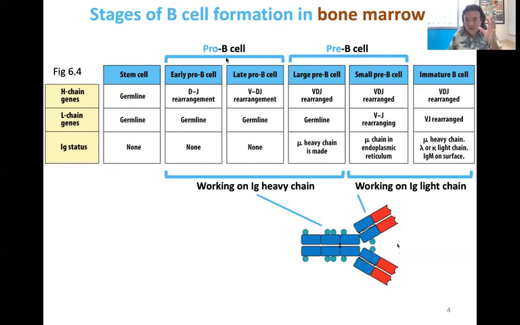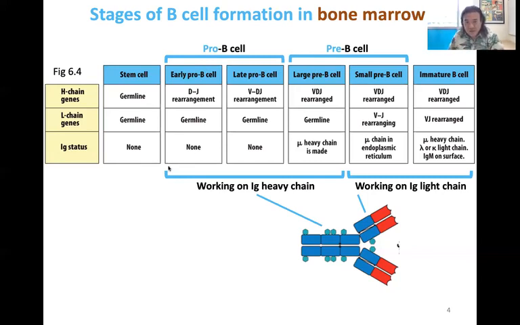The pro-B cell stage is mainly preoccupied with rearranging the heavy chain to try to make a usable heavy chain gene that can then create the heavy chain part of the immunoglobulin. Right? That kind of goes into the pre-B cell stage, but then the pre-B cell stage, once the heavy chain is made, now you're looking at trying to make the light chains.